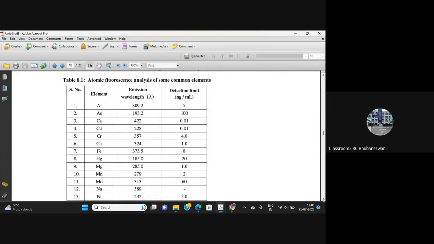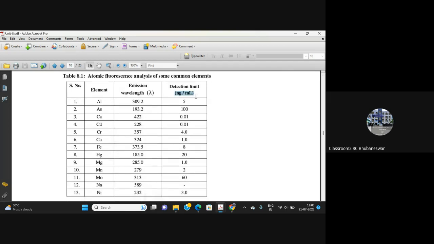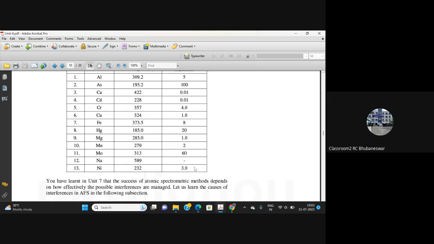So here you see your detection limit is given. Which elements you can study through atomic fluorescence spectroscopy? What is its corresponding emission wavelength? Then what is its detection limit? Up to what limit you can go with this spectroscopic method? That also you can see.